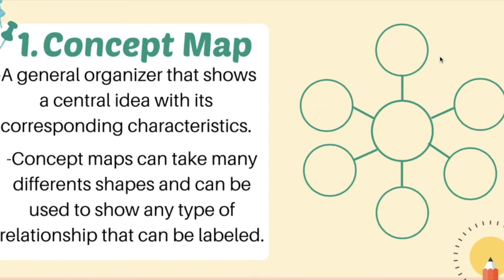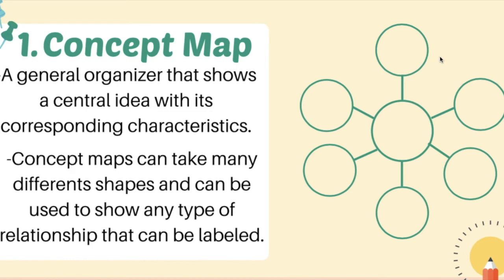Number 1, we have here the concept map. A concept map is a general organizer that shows a central idea with its corresponding characteristics. Concept maps also can take many different shapes and can be used to show any type of relationship that can be labeled.